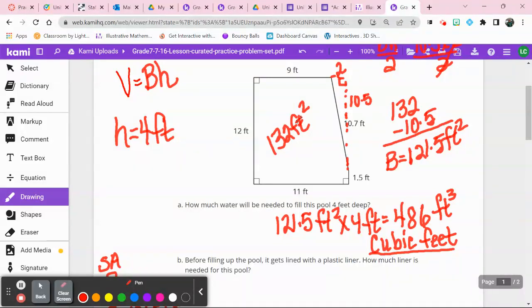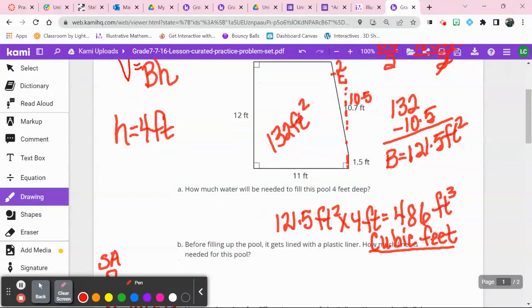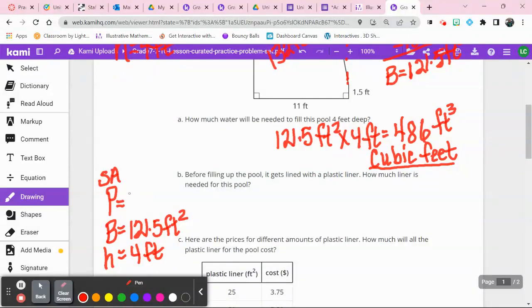So I have 11 plus 12 plus 9 plus 10.7 plus 1.5 equals, and I get the perimeter, which is 44.2 feet.